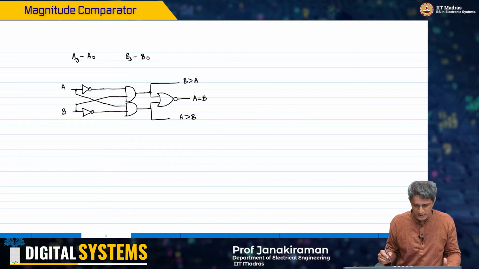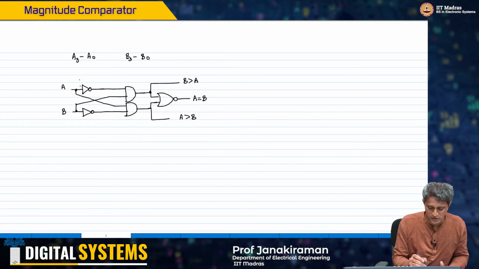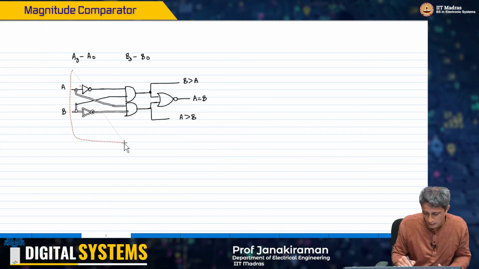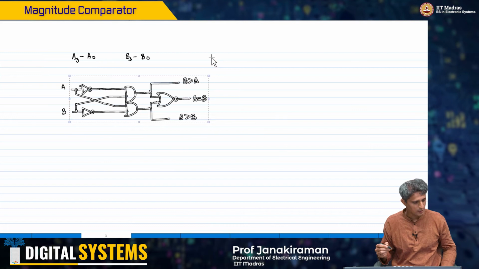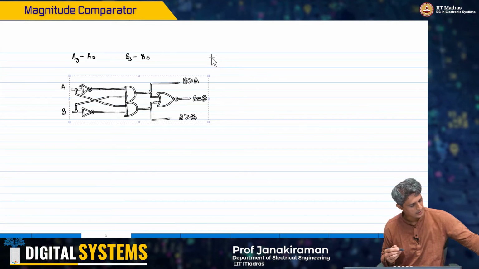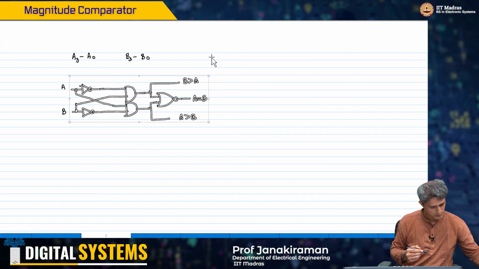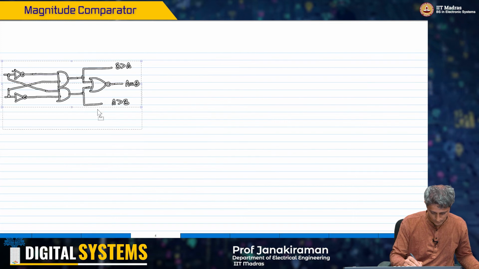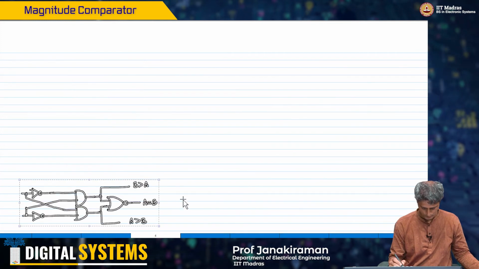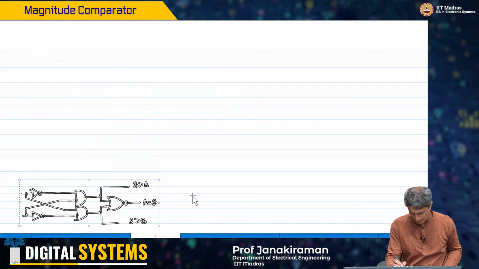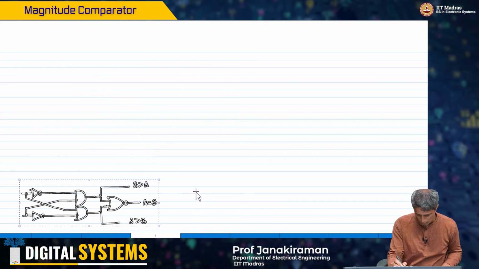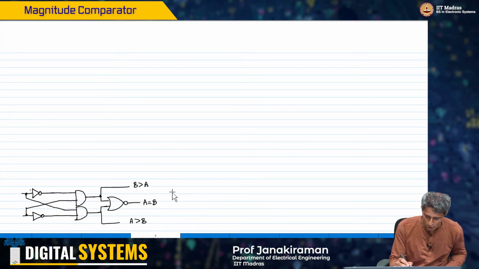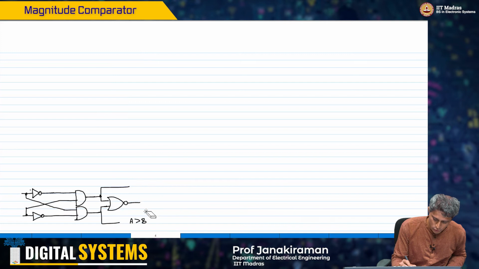Now I'm going to use this structure and build my 4-bit comparator. So first let me make a copy of this. What is the MSB and what is the LSB is what we have to see.